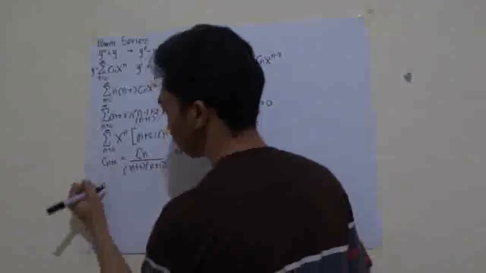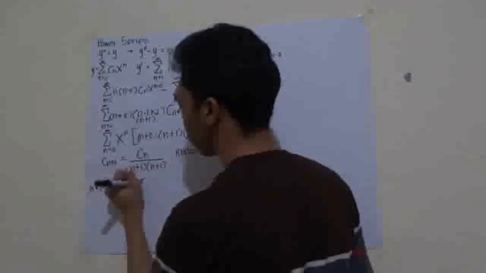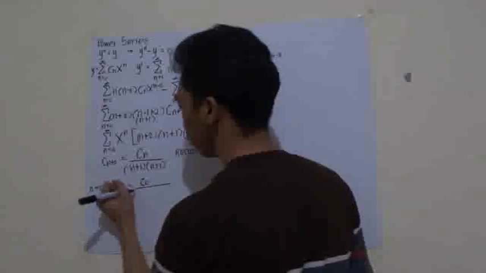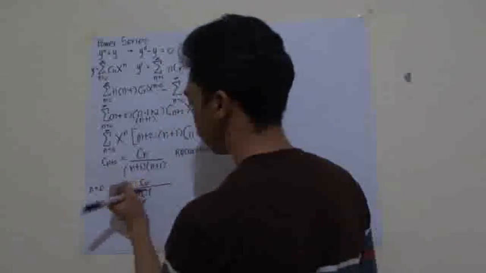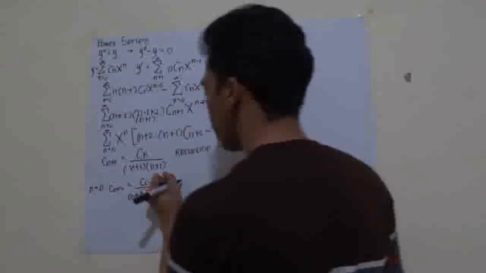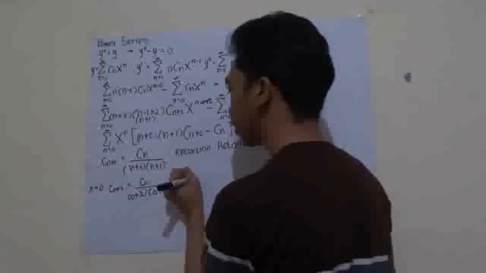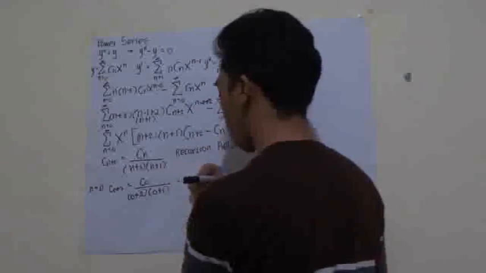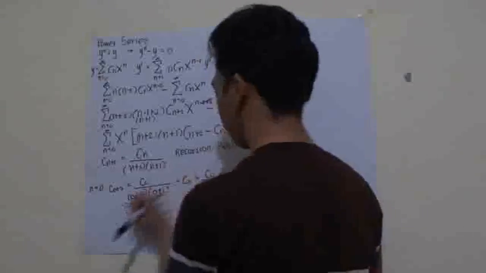So we'll have c sub 0 plus 2 is equal to c sub 0 over 0 plus 2 times 0 plus 1, which is equal to c sub 2 is equal to c sub 0 over 2 times 1.